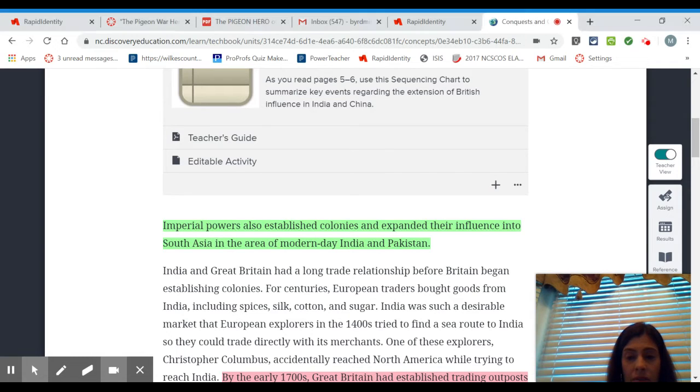And remember that you have to understand that Britain, during this time period of imperialism, became the country that dominated or influenced or owned more land than any other nation within our history of man. So this is where we focus on Britain's imperial powers in India and Pakistan.